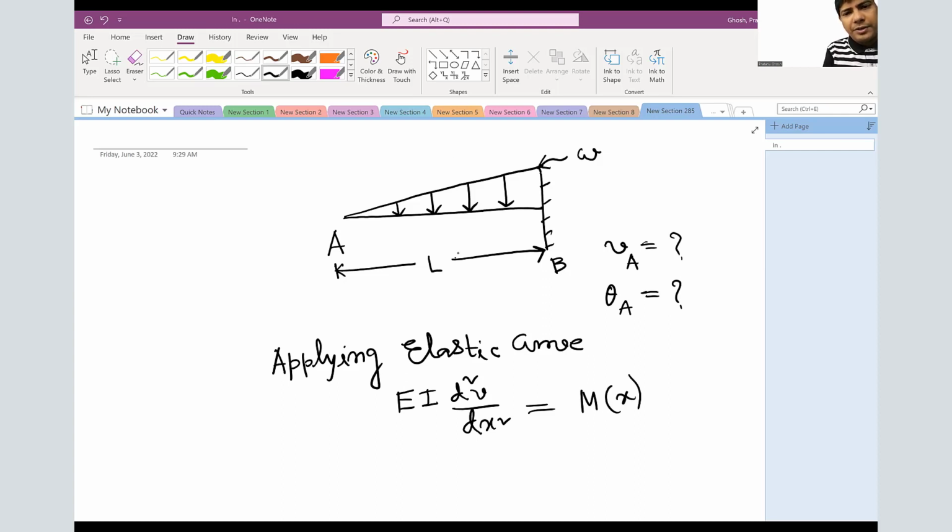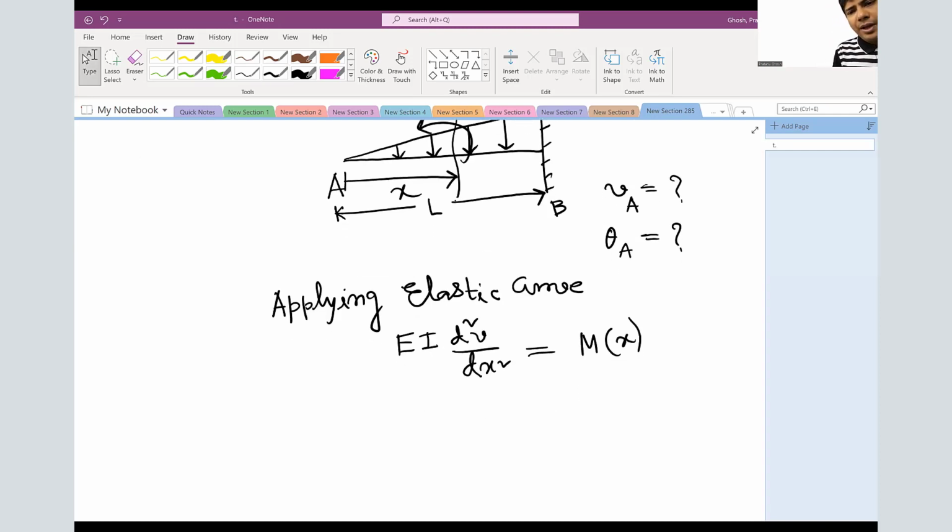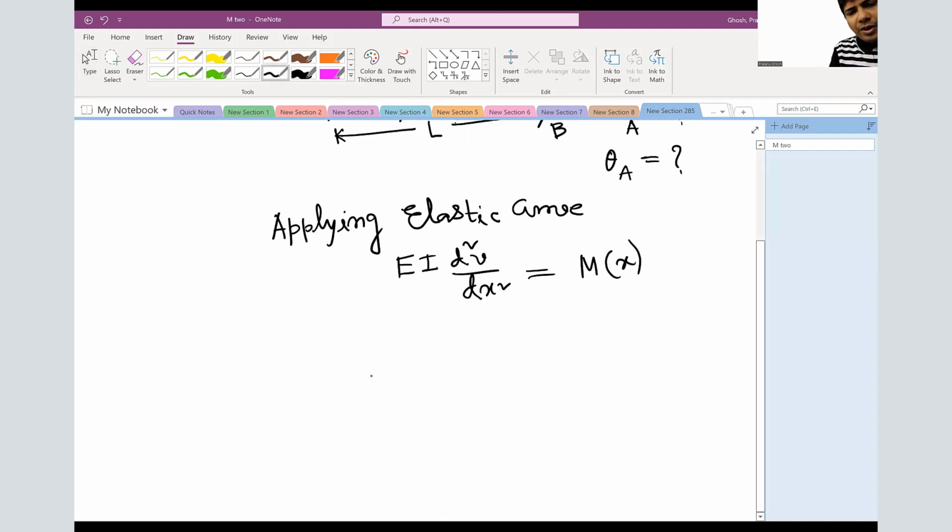We are going to cut at a distance x. We need to find our moment equation, and then we'll apply the double integration theory step by step. So what is our new free body diagram? We are cutting at a distance x. We need to find our new height of the loading. Now the span becomes x, a generic distance x. And what is the new height of the loading? By similar triangles, W over L times x.